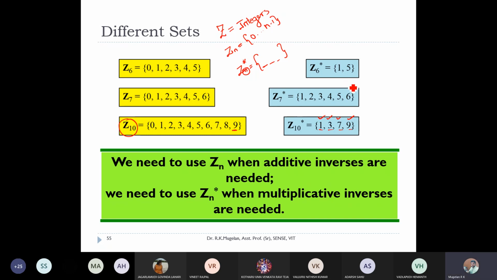The other elements don't have a multiplicative inverse. So if you have any Zn star, it denotes that the elements present in this set have multiplicative inverses.